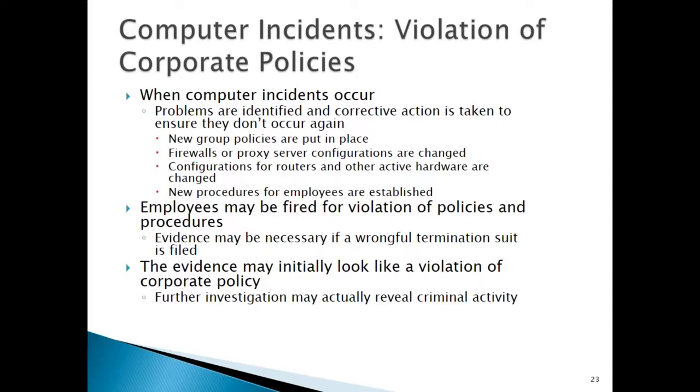So when violations occur, we identify them and take corrective action, right? Is it a policy issue? Do we have a policy in place or do we need a new policy? This type of thing is management of our risk, right? We talked about this before. We have two methods we can deploy against risk: policies and procedures, or technology.